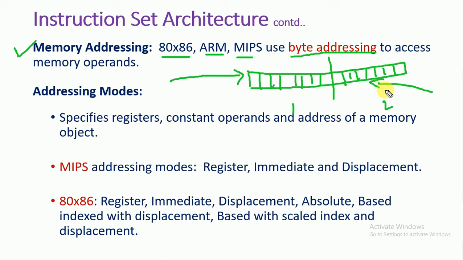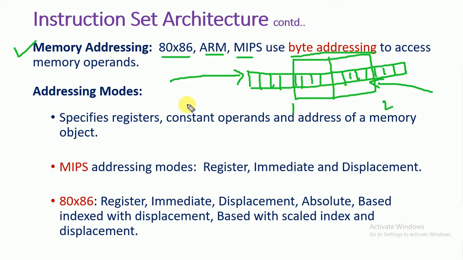But sometimes the data may be wrongly placed by mixing the space from 2 bytes. There are some situations, not in these processors, but in some other processors, where they are not using byte addressing. The problem is the first 8 bits, then the next 8 bits, and the data resides partly in the first byte as well as partly in the second byte.